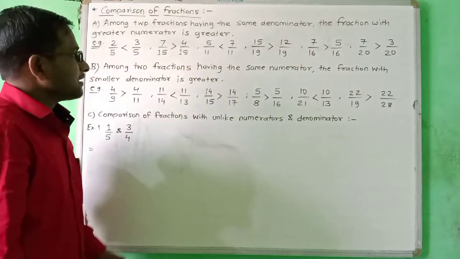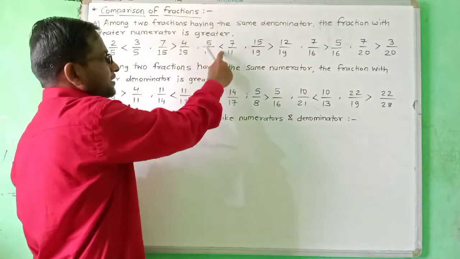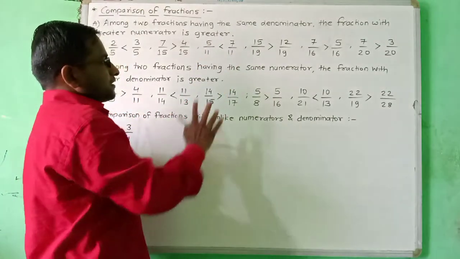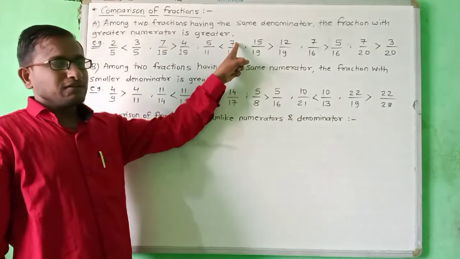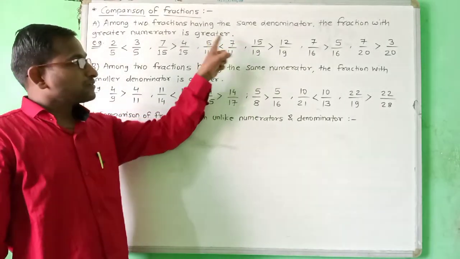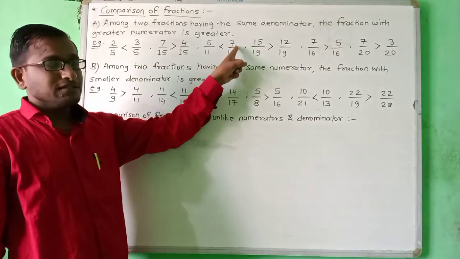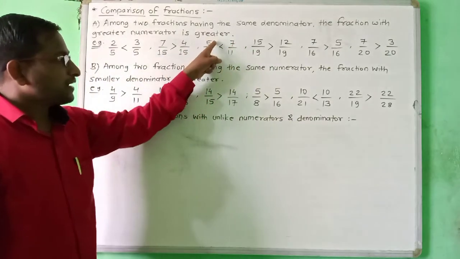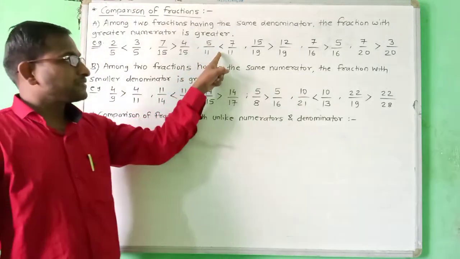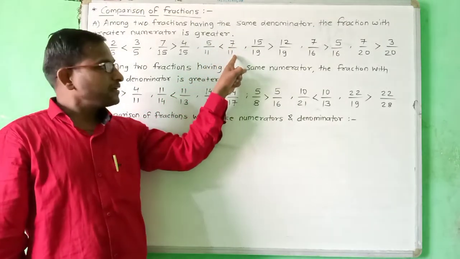In the next example, 5 upon 11 and 7 upon 11. Here 7 is the greater numerator and 5 is smaller. So 7 upon 11 is the greater fraction, and 5 upon 11 is less than 7 upon 11.